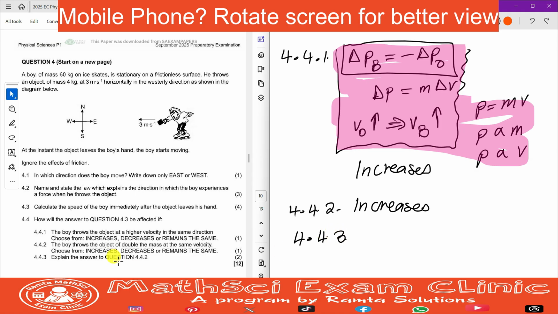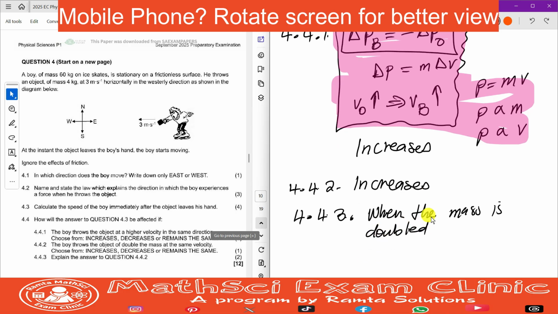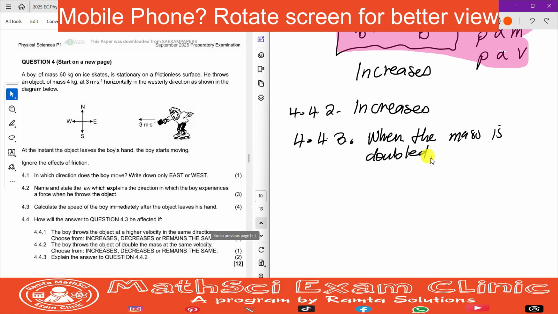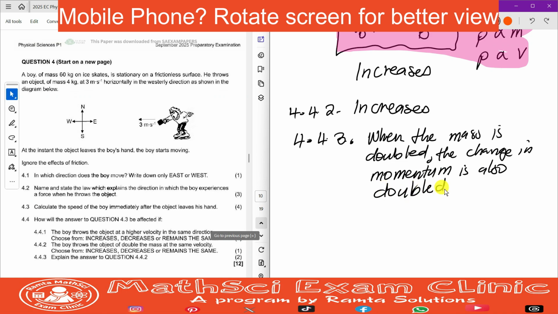4.4.3, explain your answer to 4.4.2. We will say when the mass is doubled, the change in momentum is also doubled.